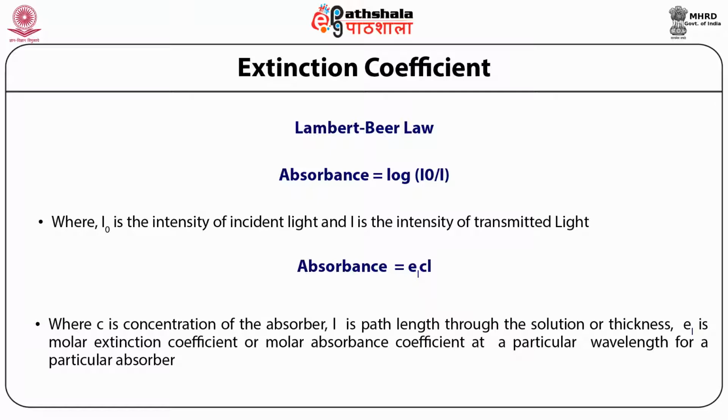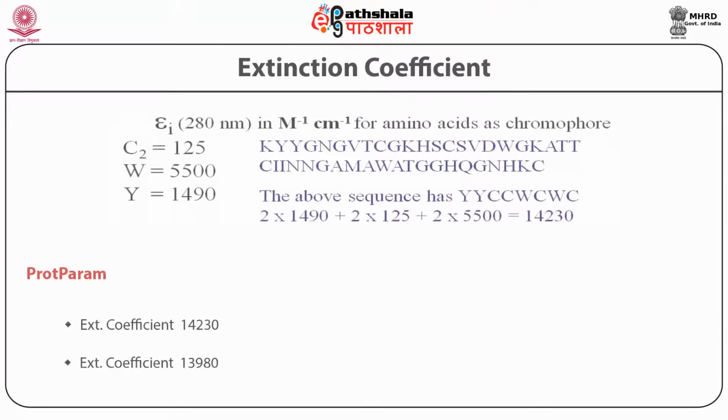For commonly used cuvette of 1 cm path length, the unit of molar absorbance coefficient is per molar per centimeter. It has been shown that the molar absorption coefficient at wavelength 280 for amino acids as chromophore is determined by the amino acid sequence of the protein.